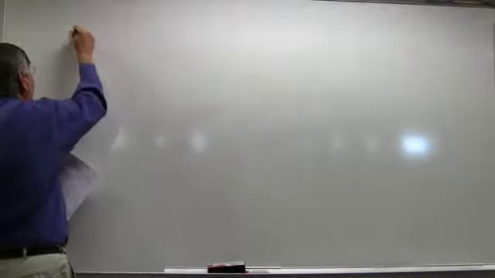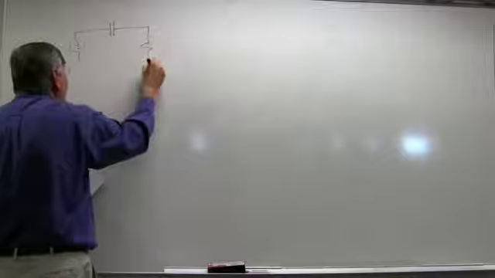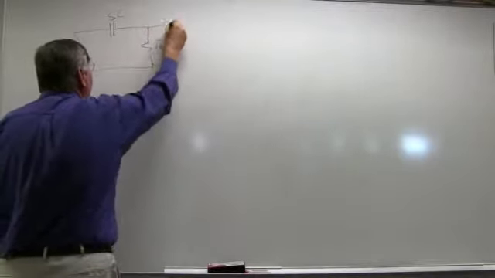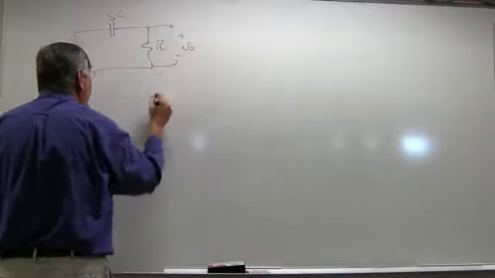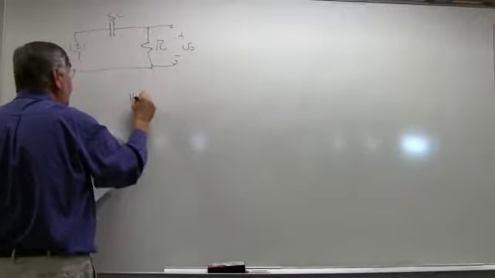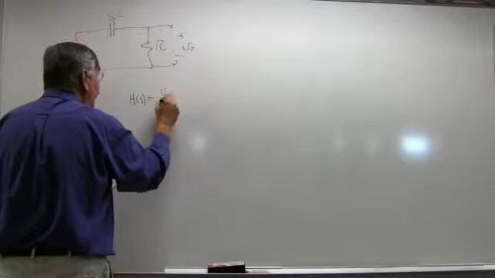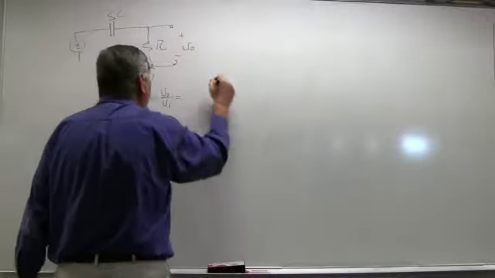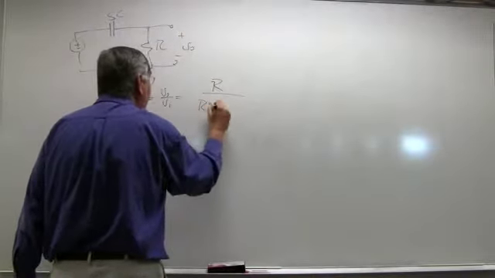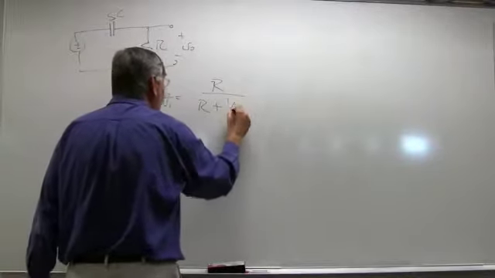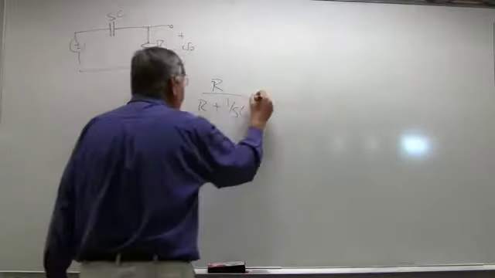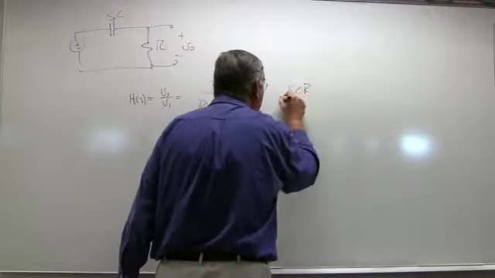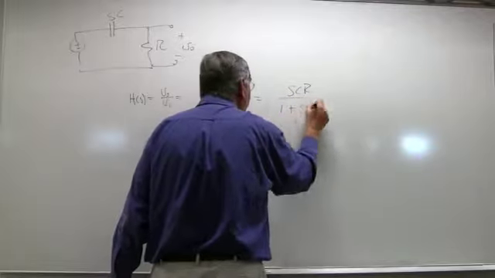So if I do that here, put the capacitor over there and take the output through this, by the same token, let this be the output, then here we would get H of S equals just the V out of S over V in of S, frequency domain stuff, then we take this thing, that impedance, divided by that plus the impedance of this guy, which is 1 over SC. And so this thing, we multiply top and bottom by SC. Now we're going to get SCR divided by 1 plus SCR.